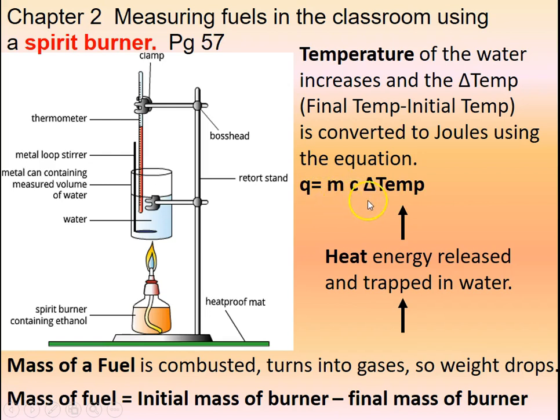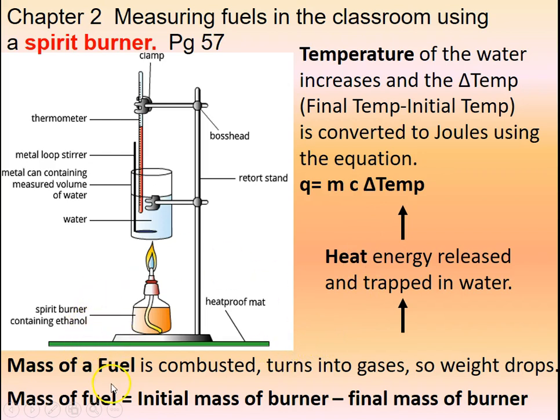The units of this equation are in joules, so you need to remember that. So you would need to convert that to kilojoules. It's obvious that it's in joules because the specific heat capacity is in joules. C is 4.18 joules per gram per degree.